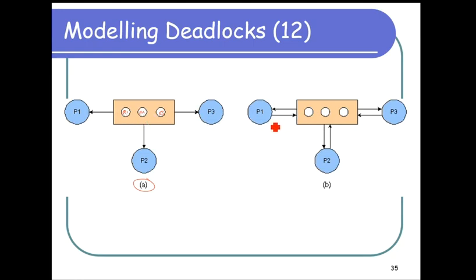So no one is releasing their resources. Okay, no one released their resources yet. So this is the deadlock situation. This is a stable condition. Sorry, this is a deadlock condition. Okay.